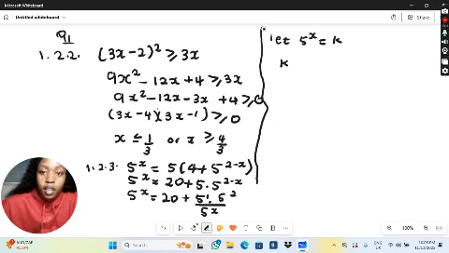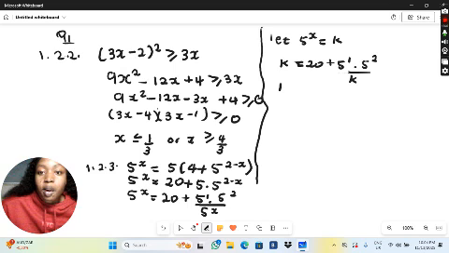So we are going to have k, this side is equal to 20 plus 5 to the power of 1 multiplied by 5 to the power of 2 all over k again. Then we multiply k with the k.